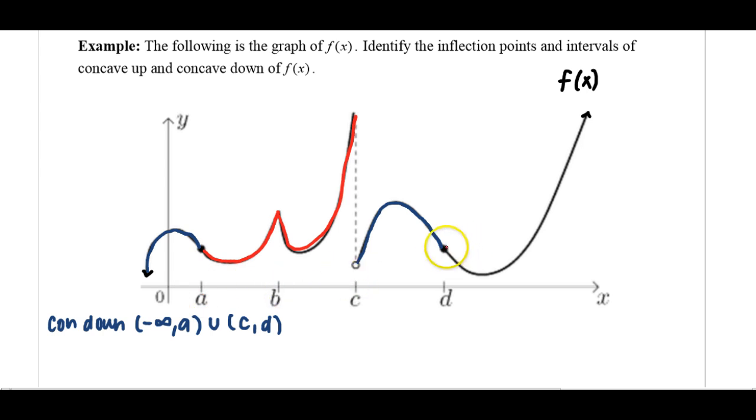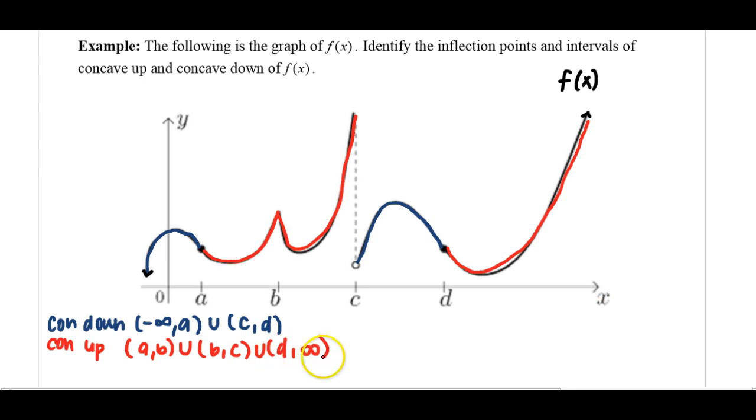And I also look concave up past the x value d. So if I were to write those in interval notation, I have concave up from a to b and from b to c, and then finally concave up from d all the way to the right, so all the way to positive infinity.